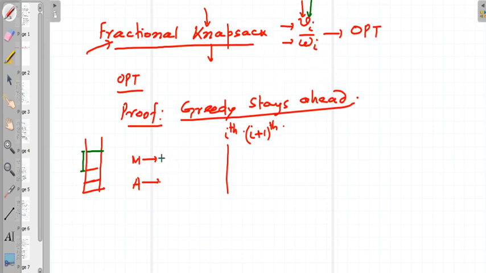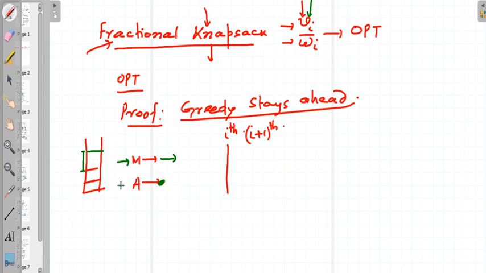So that will be my greedy fractional knapsack algorithm that we are discussing. It will be taking the next best available VI by WI. Now you see, if the other algorithm is exactly thinking like greedy, then it is okay.